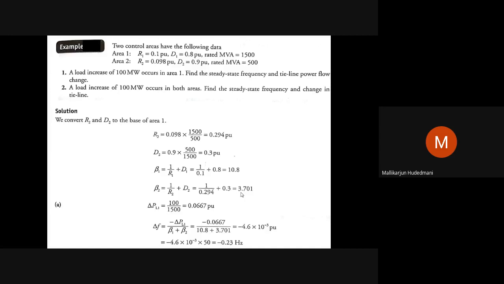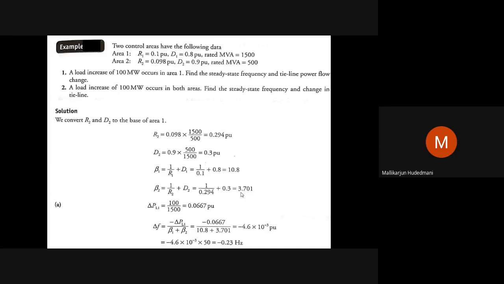Converting 0.098 to 1500 means value into new base divided by old base. You can see here 0.098 into 1500 divided by 500 stands as 0.294 pu. Similarly, D2 is opposite, 0.9 into old base divided by new base because it is opposite units. 500 divided by 1500 into 0.9 stands as 0.3 pu.